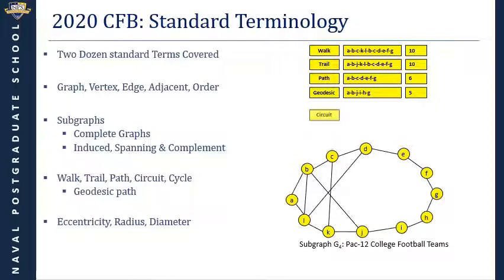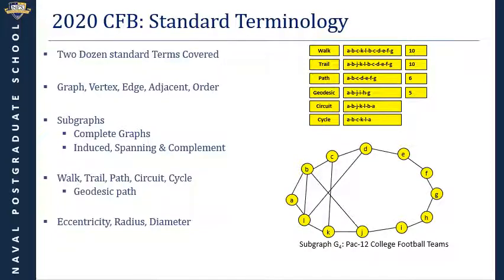A circuit is a closed trail of length 3 or more that starts and ends at the same point, such as this one seen here, which starts and ends at vertex A, but crosses vertex B more than once. A circuit which does not repeat any vertex is a cycle, such as this, also starting and ending at vertex A. However, it does not repeat any single vertex.